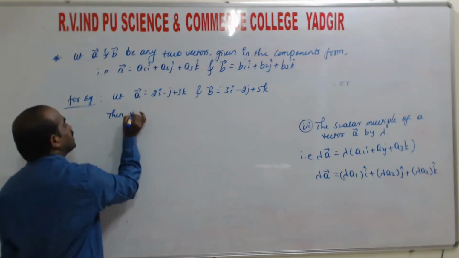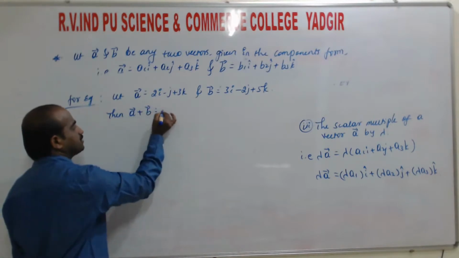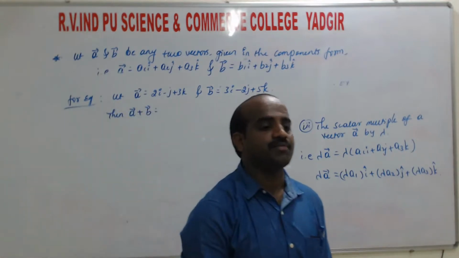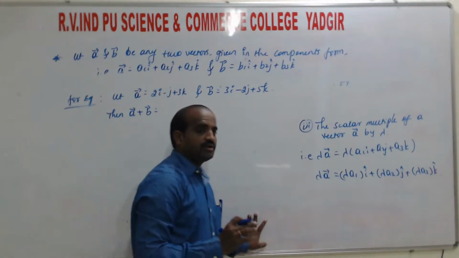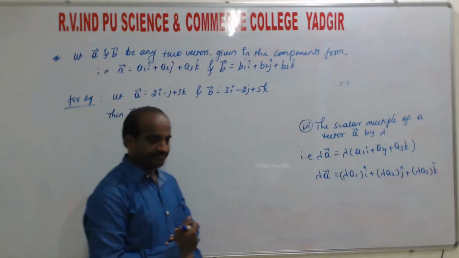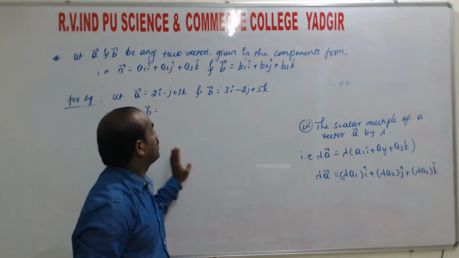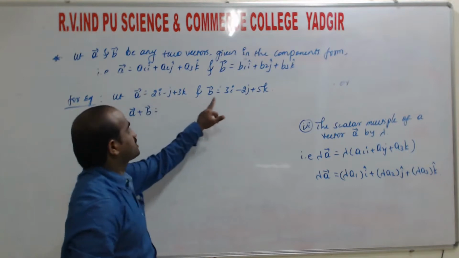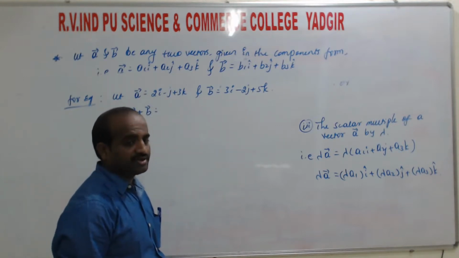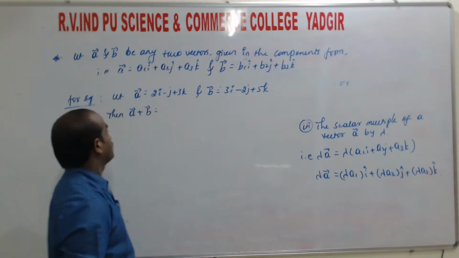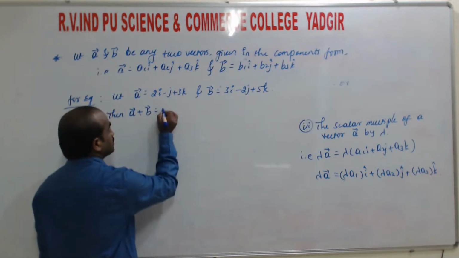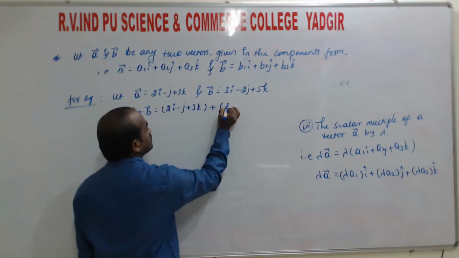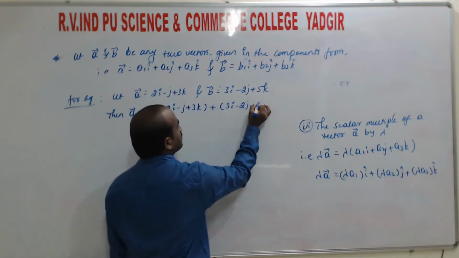Then a vector plus b vector, the resultant or sum of the vectors, both are the same. In a 1 mark question, find the resultant of the vectors a and b. Resultant means the sum, addition: a vector plus b vector, 2i minus j plus 3k plus 3i minus 2j plus 5k.